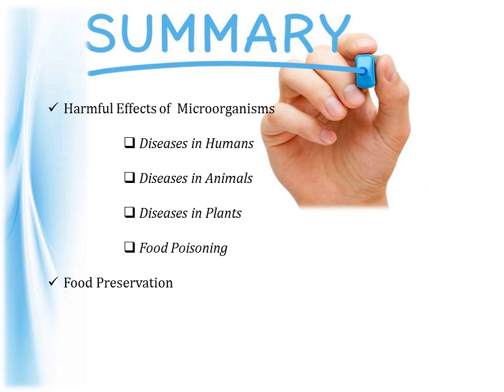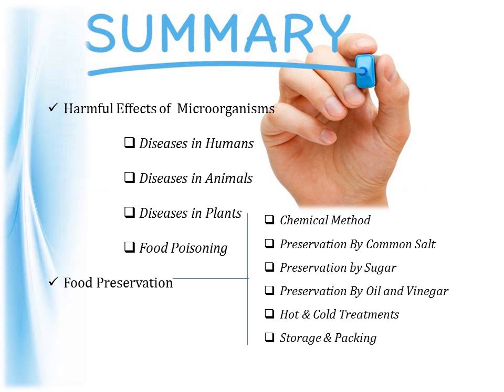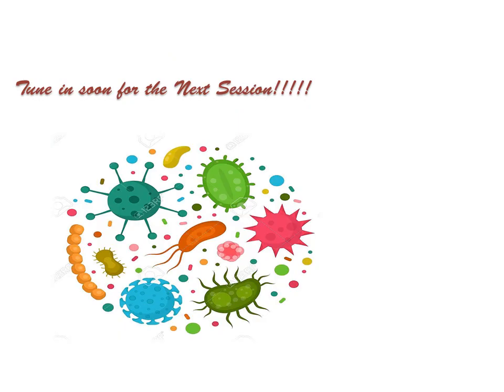Then we studied how food can be preserved, and we studied a set of methods like chemical method, preservation by common salt, preservation by sugar, preservation of food by oil and vinegar, hot and cold treatments, storage and packing. And last, we studied nitrogen fixation and the nitrogen cycle. So we have completed the entire topics of chapter 2.